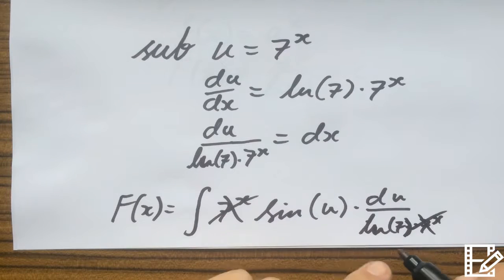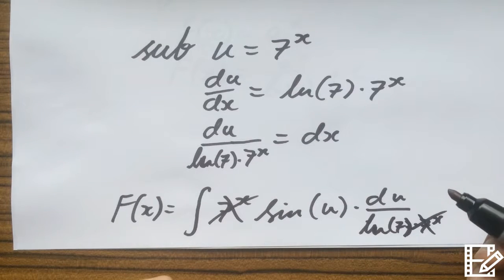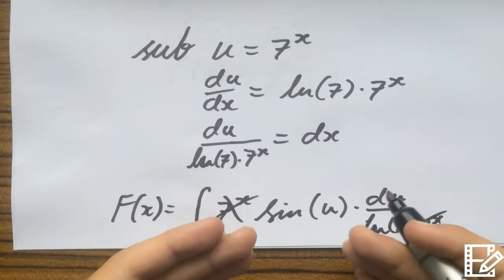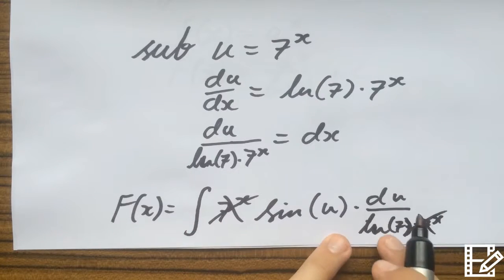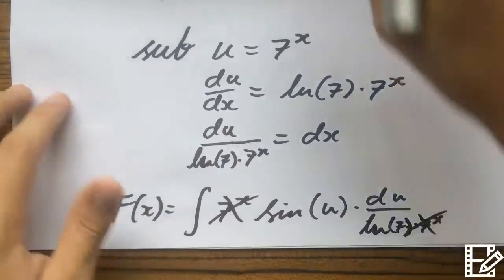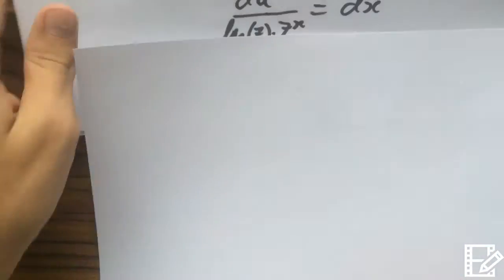And because 1 over ln of 7 is a constant, because ln of 7 is not a function, it's not an x or anything, it's just 1 over ln of 7, it's a number. So multiplication by a constant means we can bring that number out the front. And I'll show you exactly what I mean when I say that.